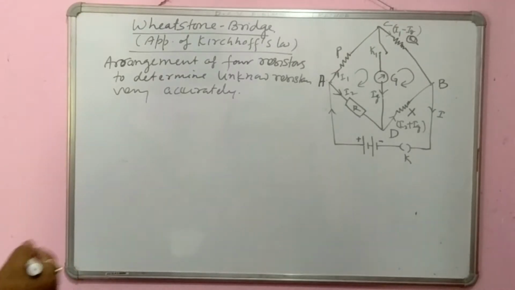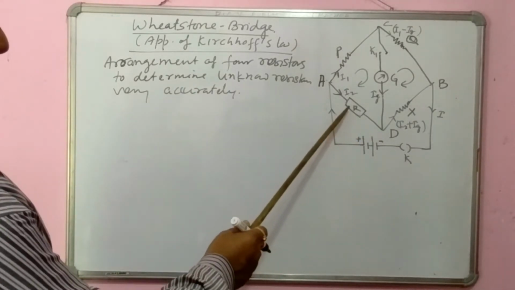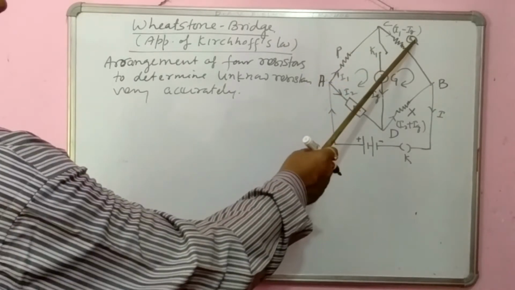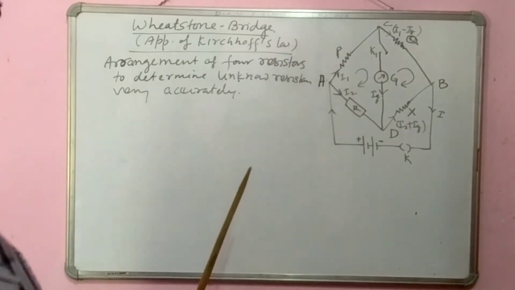So when this bridge is balanced, P and Q are taken as known, which are constant.